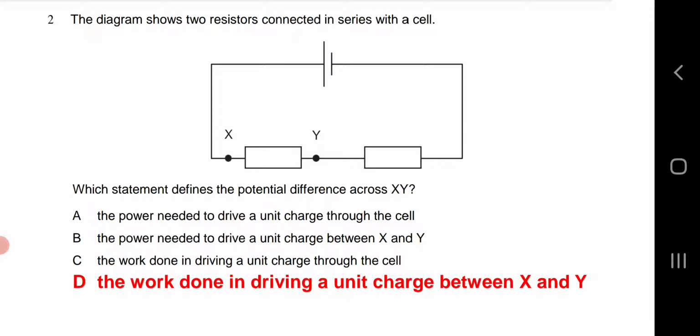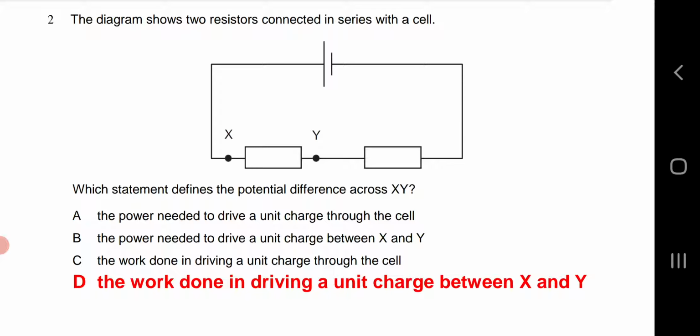So potential difference is equal to work done over charge, that is the amount of work that is needed to drive or to flow the charge from point x to point y, or from point y to point x, through this element, through this component, and that work done per unit charge is the potential difference.